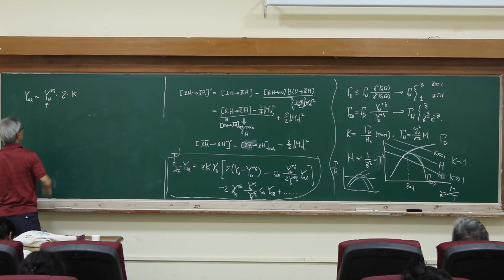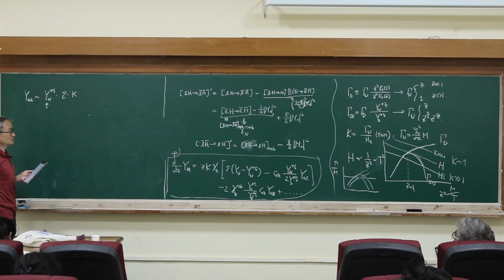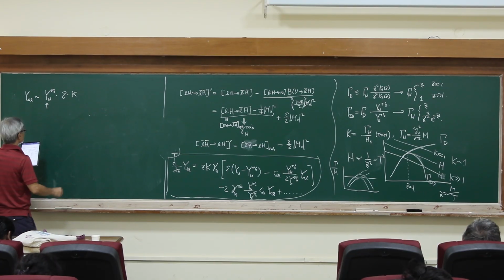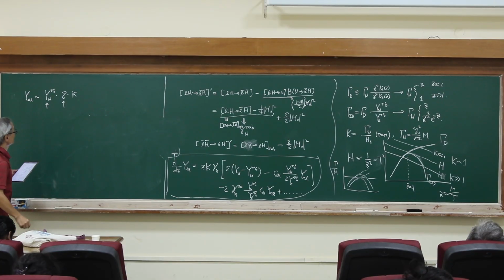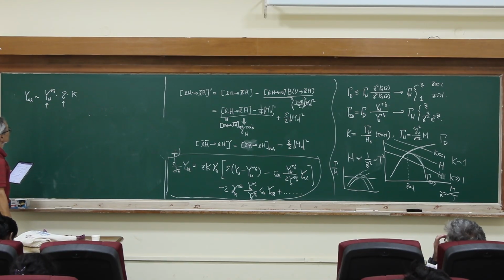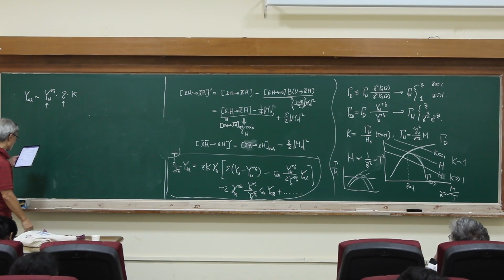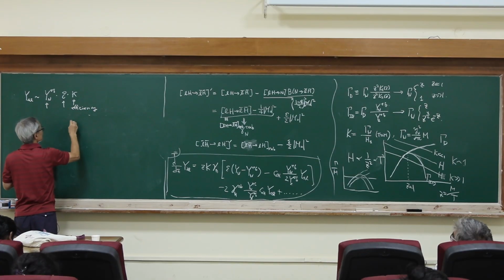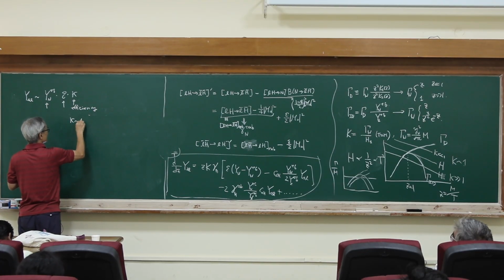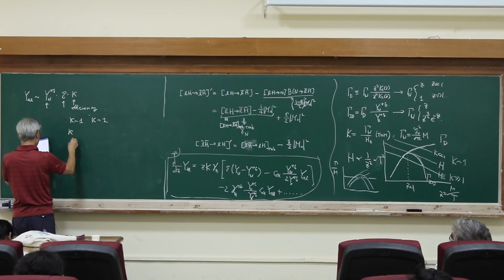So this is the initial abundance of right-handed neutrino. This is the CP asymmetric quantity of the decay, which is particle physics input, and kappa is called efficiency. So kappa becomes order 1 when k is order 1.